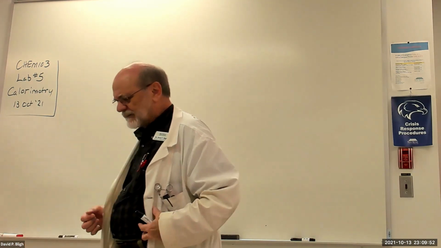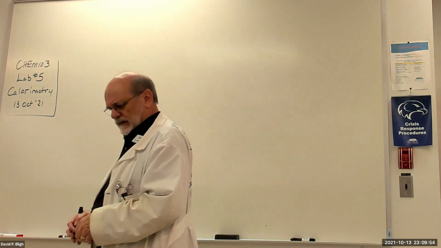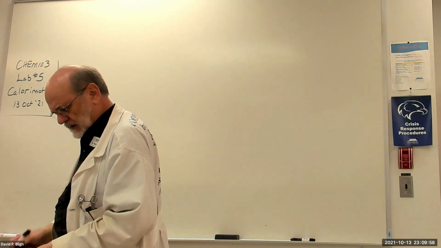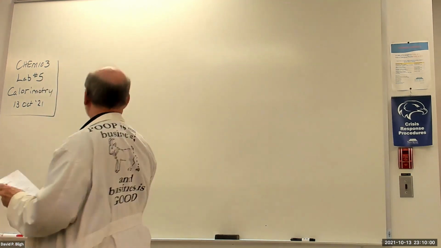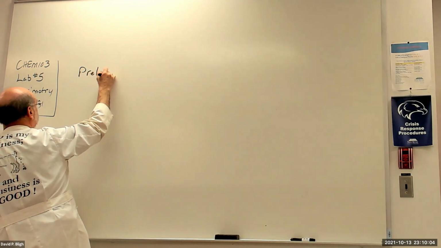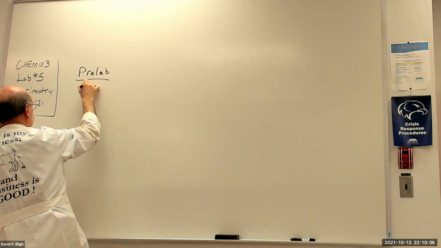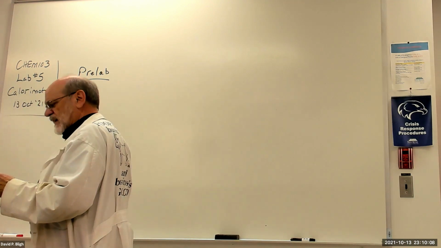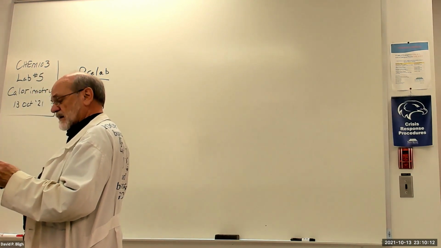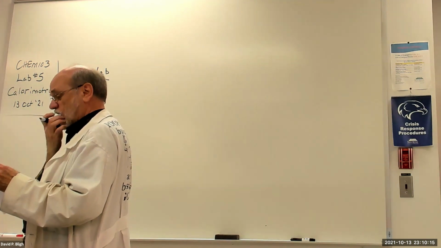Okay, before we get to that, let's look at these pre-lab questions. Let's see, pre-lab 1. One mole of acid and 1 mole of a base react to form 1 mole of water in a neutralization reaction.